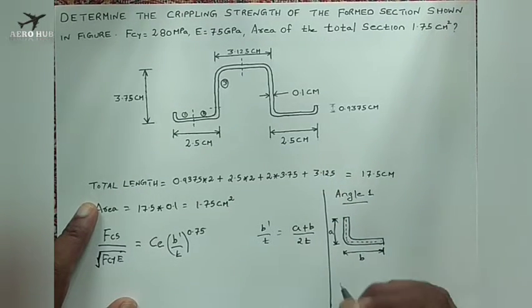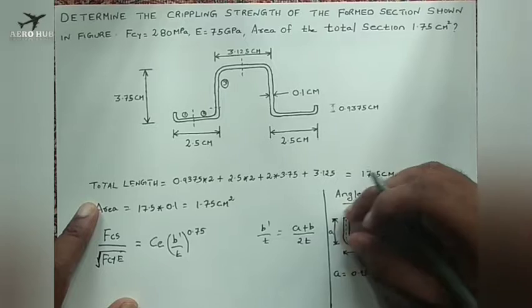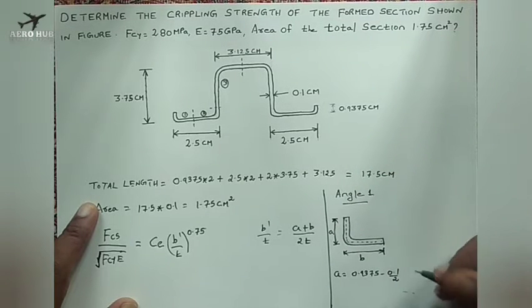Since the section is a formed section, we have to consider the center line property, that is A will be equal to 0.9375 minus 0.1 by 2. That is the distance minus the thickness by 2, to include the center line property.